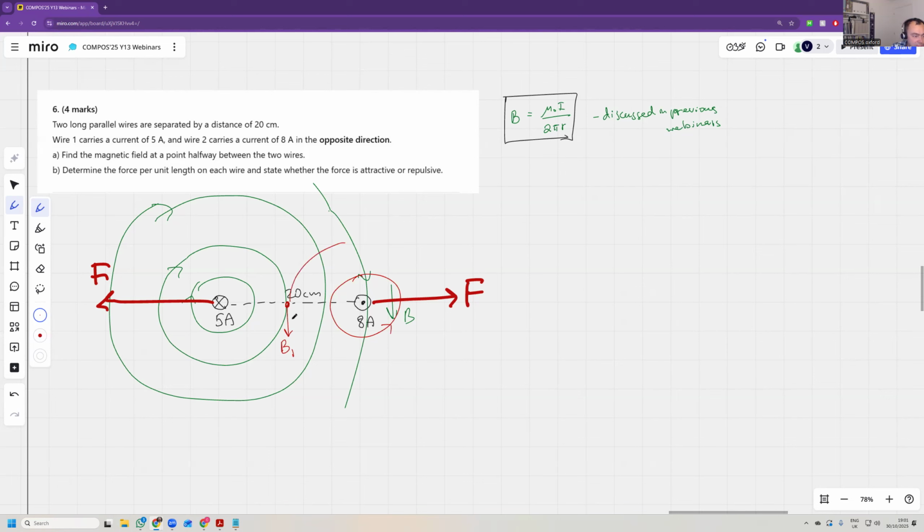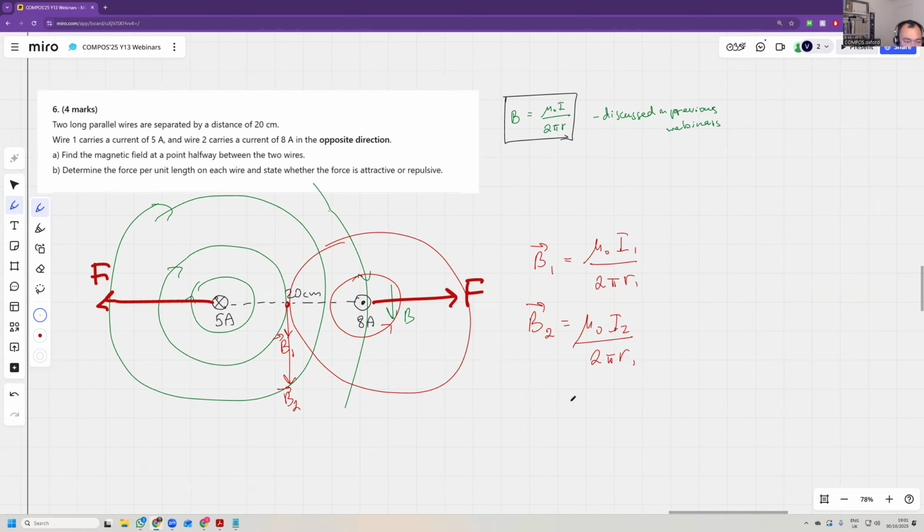Using the right-hand rule, B2 is also downwards. And we know that B1 is equal to mu0 I1 divided by 2 pi R1, and B2 is equal to mu0 I2 divided by 2 pi R1.